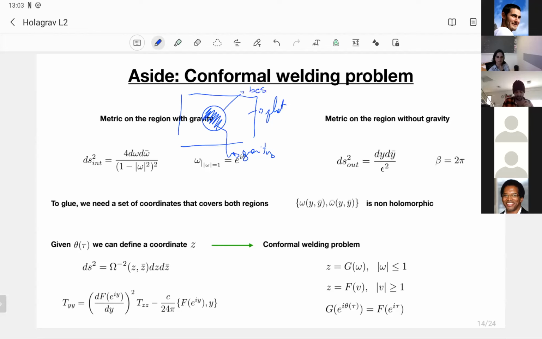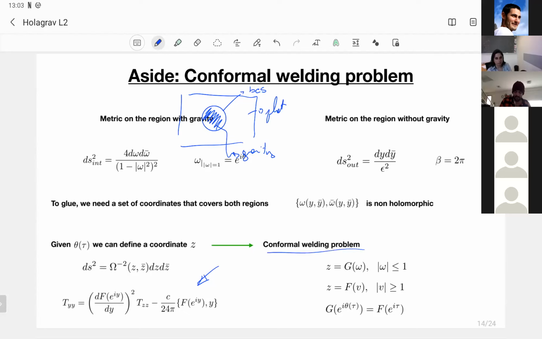And not only that, you want a holomorphic coordinate transformation, because if you do it in a holomorphic way, you know that the stress energy tensor, that is something that we are going to need, can be written due to conformal symmetry in this way, because you know how it transforms under a holomorphic transformation.